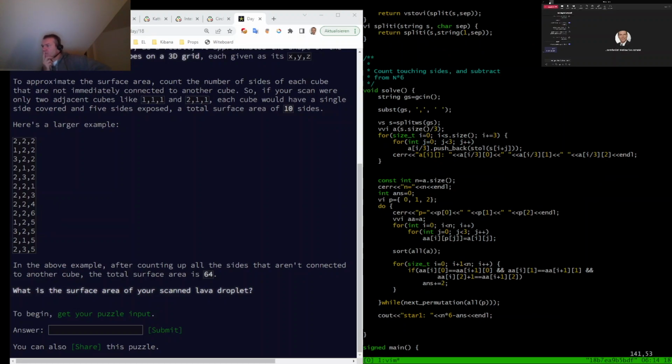So if two coordinates are the same and the third differs by 1, then they touch.